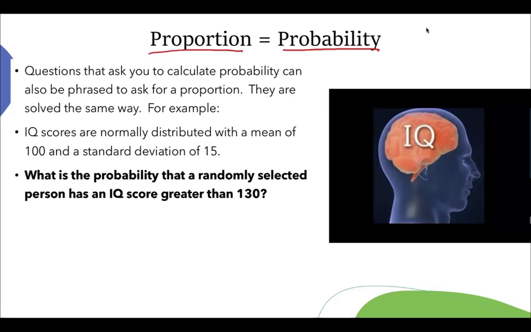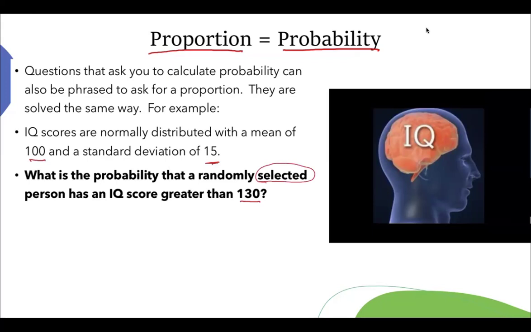I could ask you, what is the probability that a randomly selected person has an IQ score greater than 130? You can solve that problem with normal CDF, where your lower is 130, your upper is positive infinity, your mean is 100, and your standard deviation is 15.